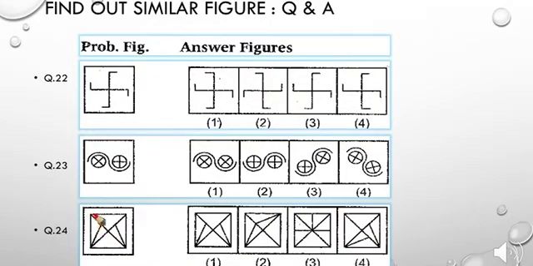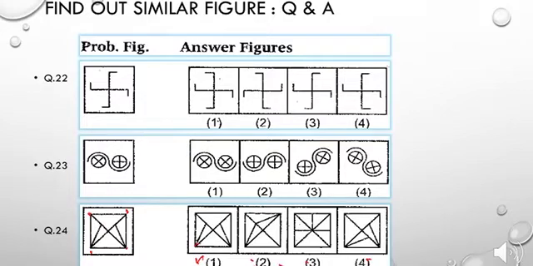Let's check the inside design. Can we see this line which is from this corner to this corner? Is it available in option 1? Yes, it is available, so this could be the answer. In the second option, is it available? Yes. In option 3? Yes. In option 4 also? Yes. Okay, now let's check for this line from this corner to this corner. In option 1, is it there?